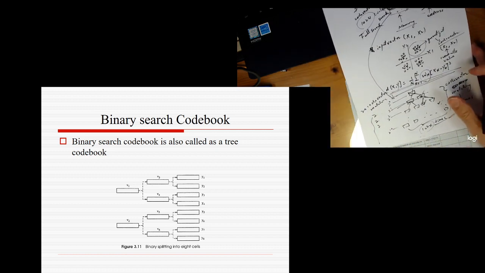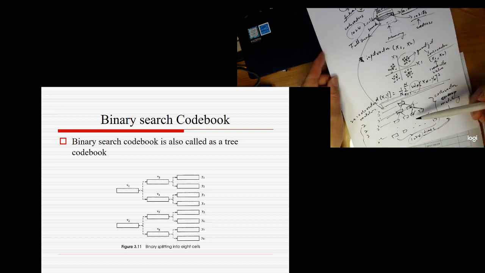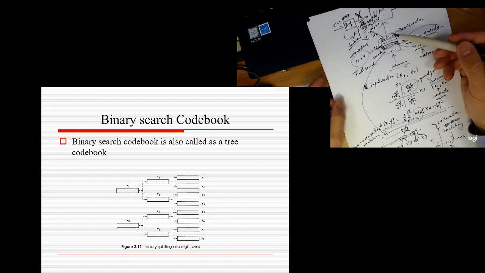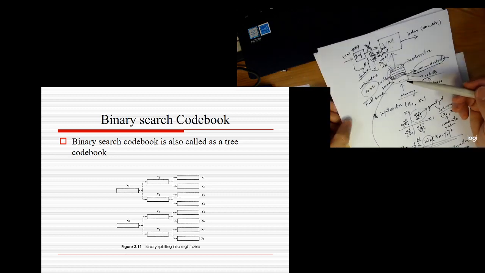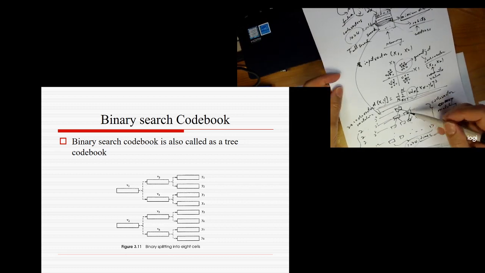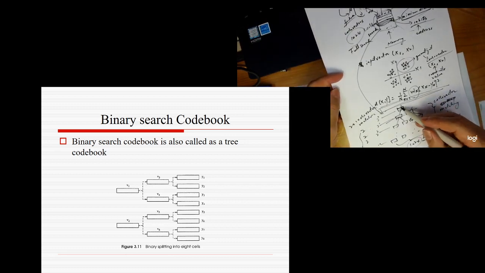So if you build your code vectors into a tree, that reduces your code vector search to find the winner. However, full search can get the best performance. Tree search sometimes goes in the wrong direction and you cannot find the best winner.